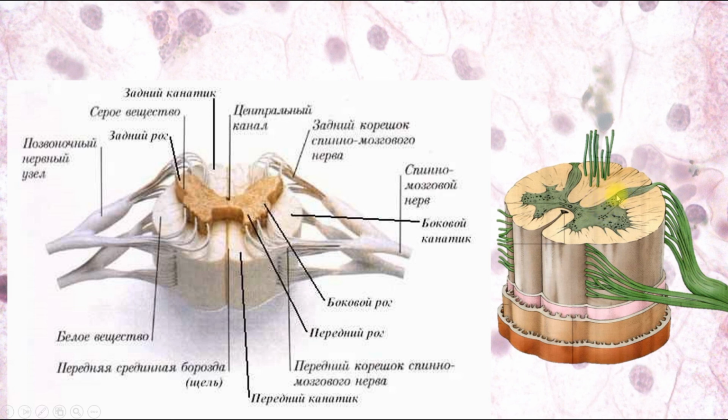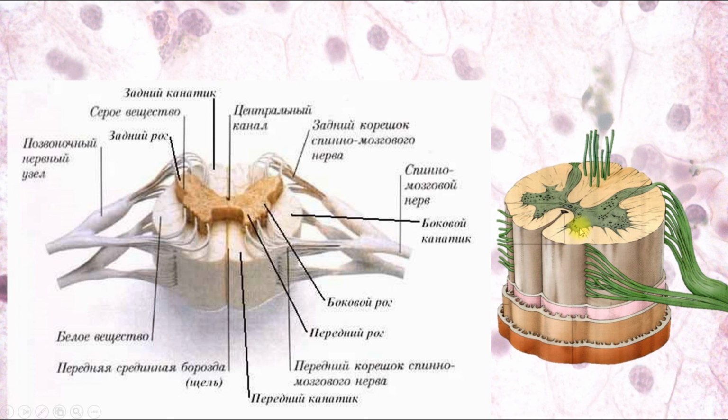Nerve cells, perikaryons of nerve cells, provide processing of information. They receive information from axons of sensory cells, and then these cells of posterior horns provide processing of information, and then they may send this information to the brain, to other segments of the spinal cord, or they send this information to motor neurons of anterior horns.